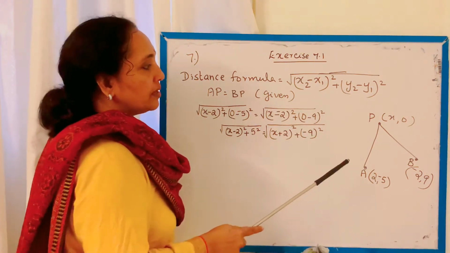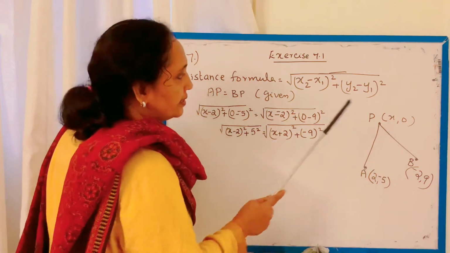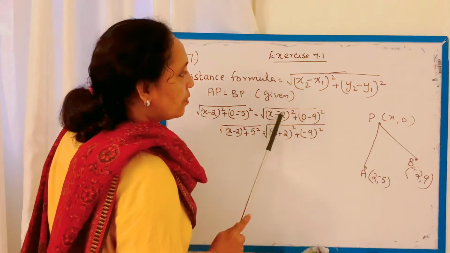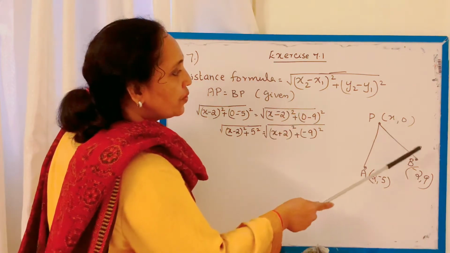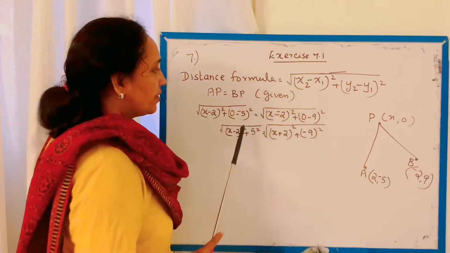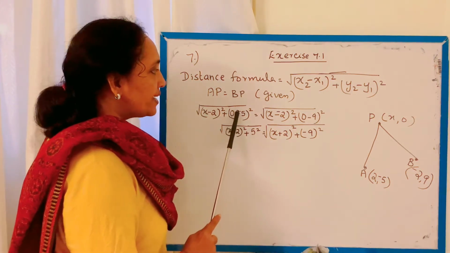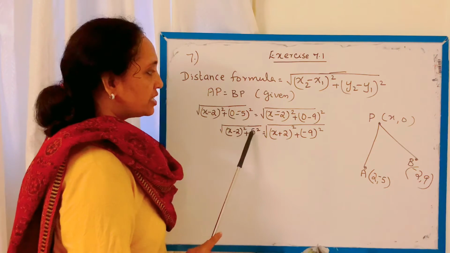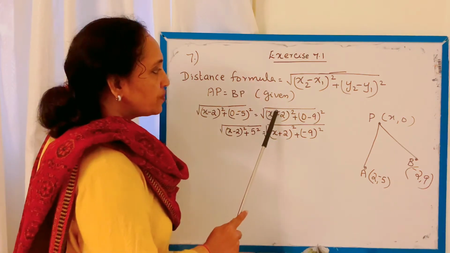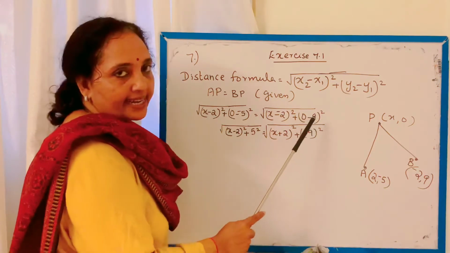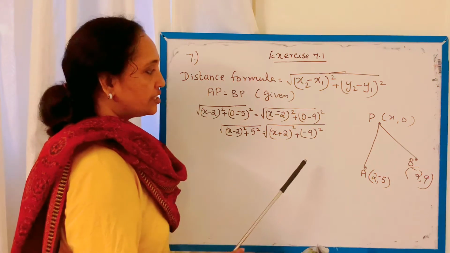And BP is equal to the square root of (x minus -2) the whole square plus (0 minus 9) the whole square. That means you will get (x minus 2) the whole square plus (0 minus -5, which is plus 5) that is 5 square, and (x minus -2, which is x plus 2) the whole square plus (0 minus 9, which is -9) that is -9 square.